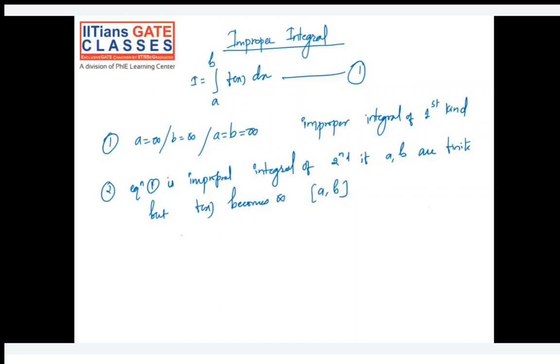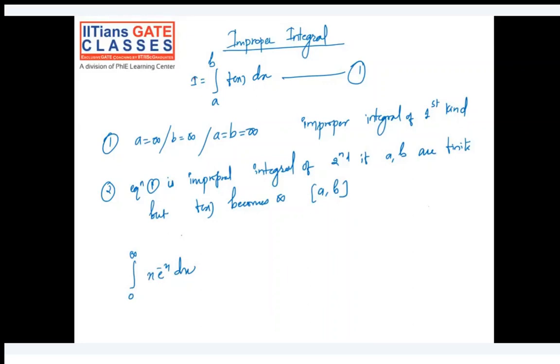Okay, so for example, if I want to give a simple example, integration 0 to infinity of x e raised to the power minus x dx. This is an improper integral, the limits are infinite, so directly we can tell.